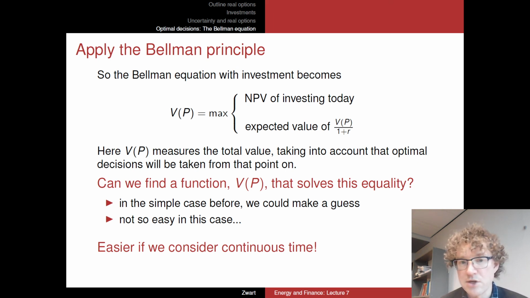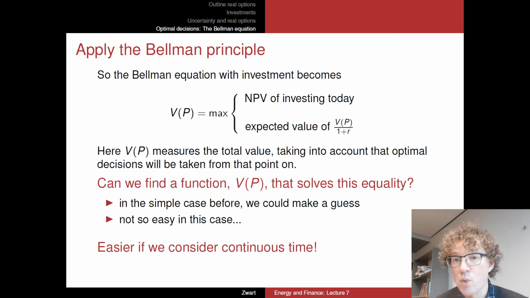So the question is, can we find a function, some V of P, that solves that equality, including this maximization problem? In the simple case that we looked at before, we could actually make this guess, but in this case, with discrete time steps of 1 year each, that's not going to be so easy.